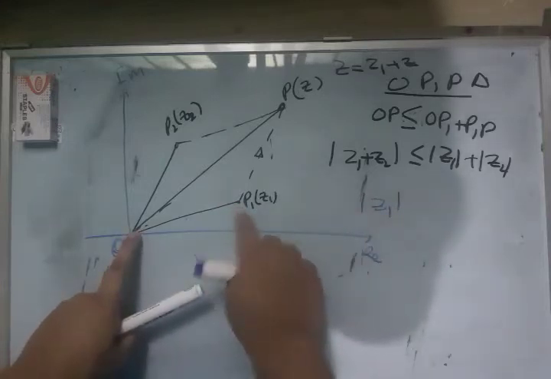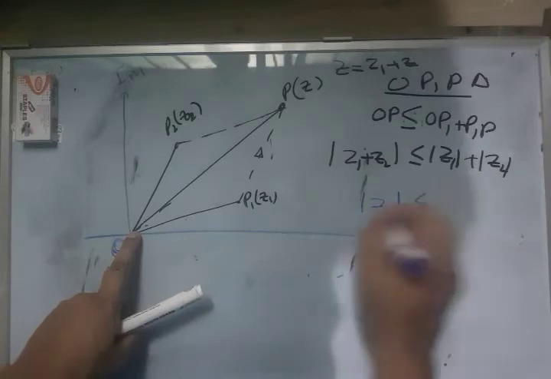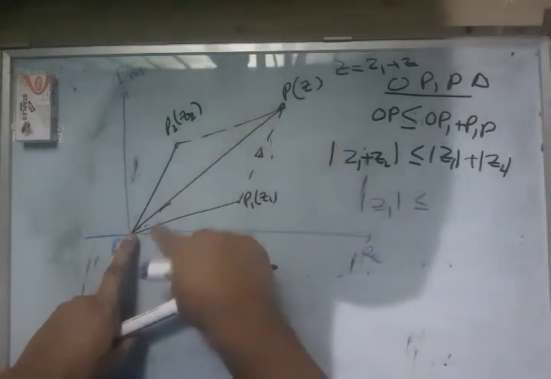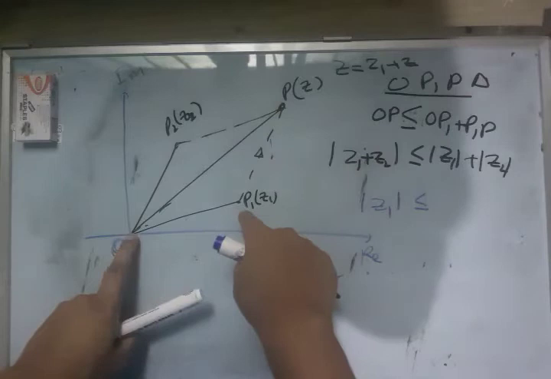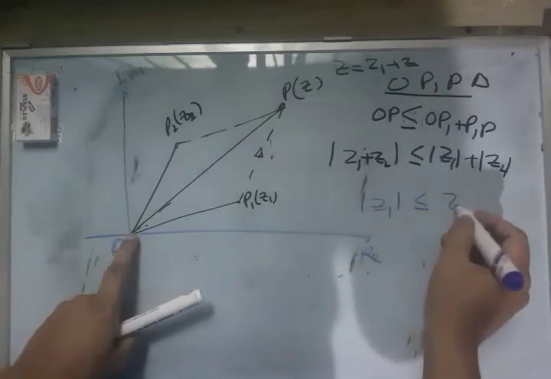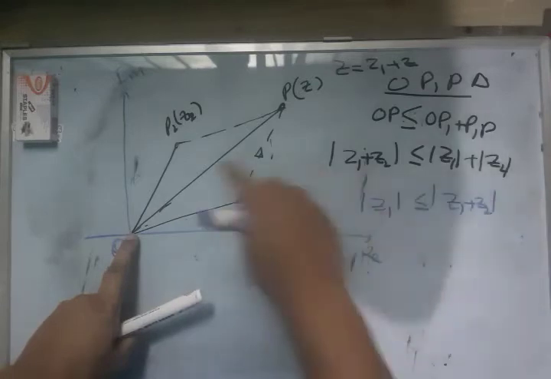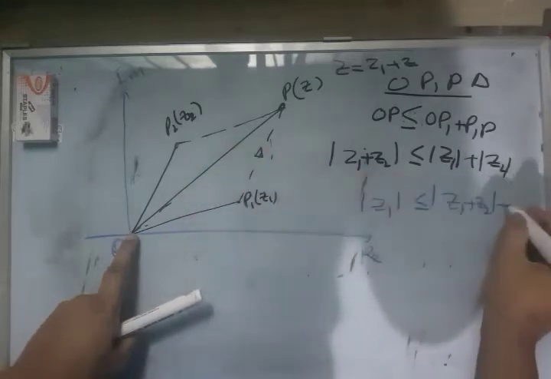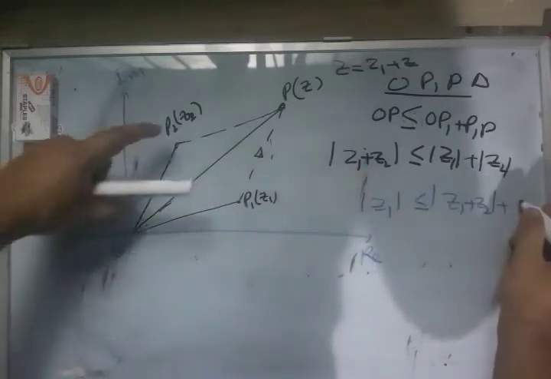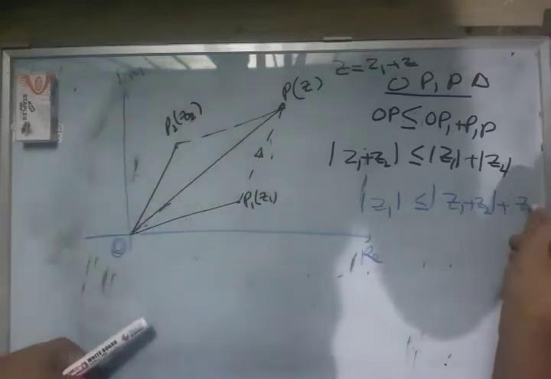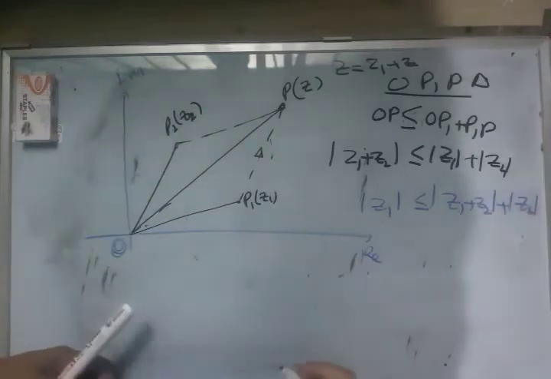This modulus of z1 should be less than or equal to, looking at the triangle here, OP plus PP1. OP is the modulus of z1 plus z2, plus this one, which is the modulus of z2, right?